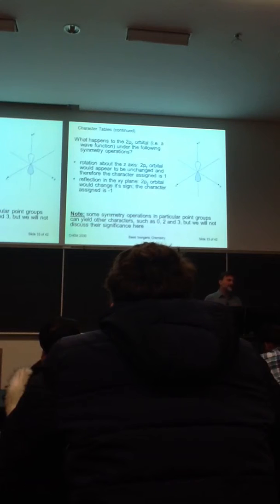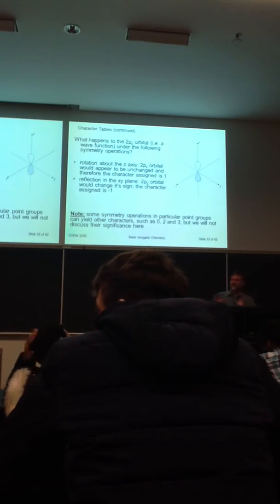Still occupies the same space, but what's happened is the sign of the wave function has changed. Where it was positive, it's now negative. Where it was negative, it's now positive. So the character has changed. That's a sign -1. Okay? So 1, nothing changes. -1, signs are being reversed.